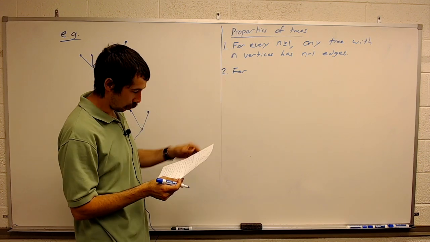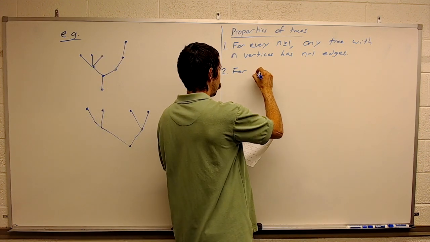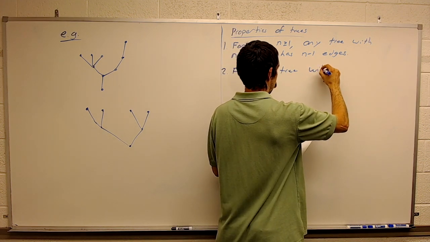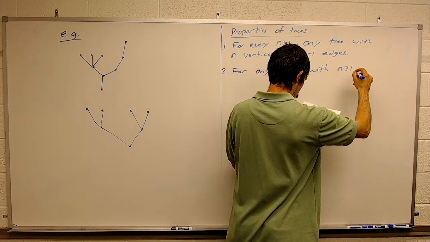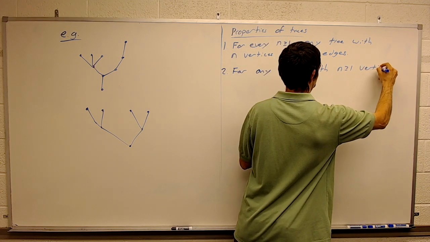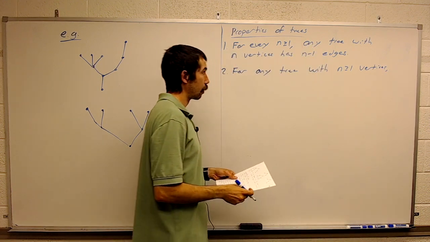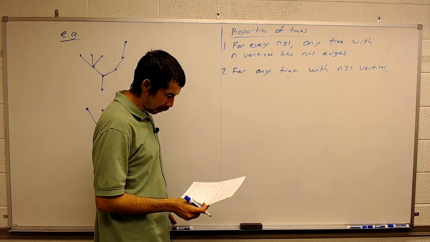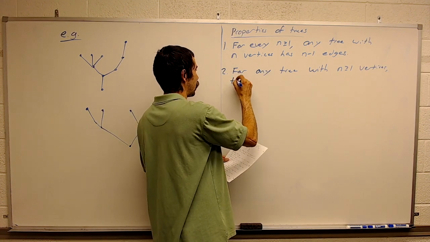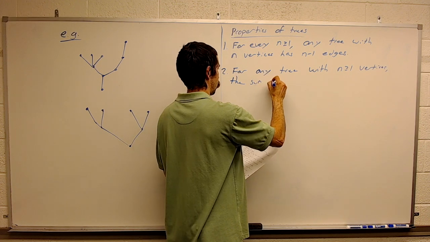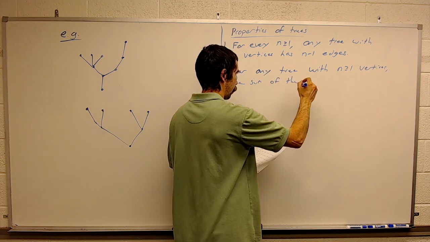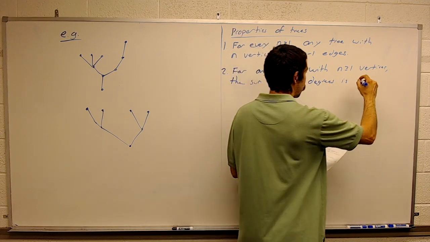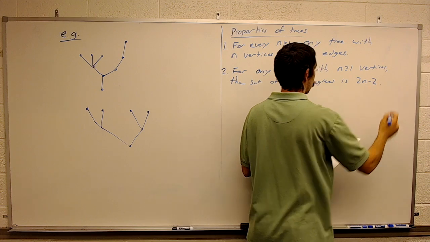Okay, so 2, for any tree with, again, n greater than or equal to 1 vertices, the sum of the degrees is 2n minus 2.